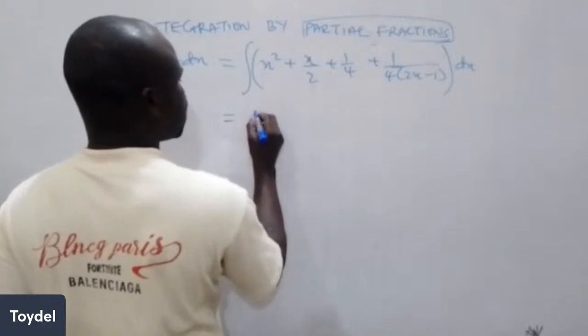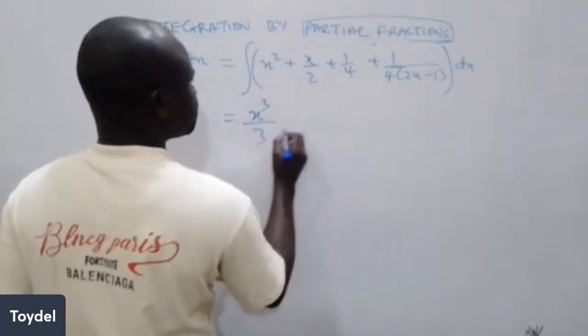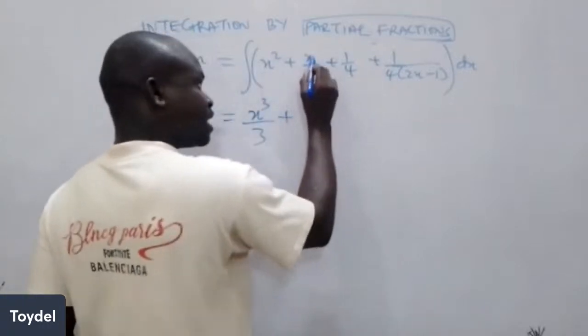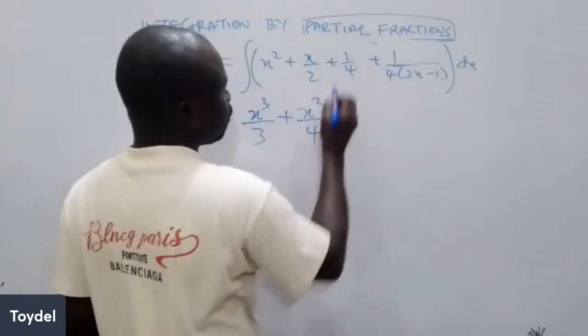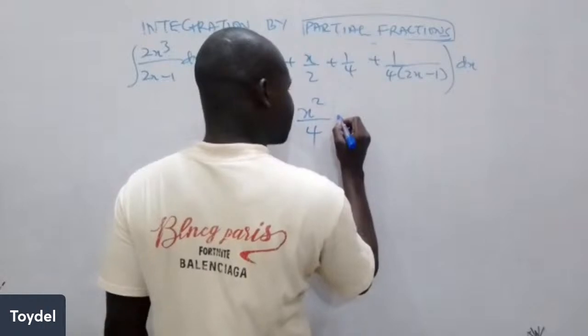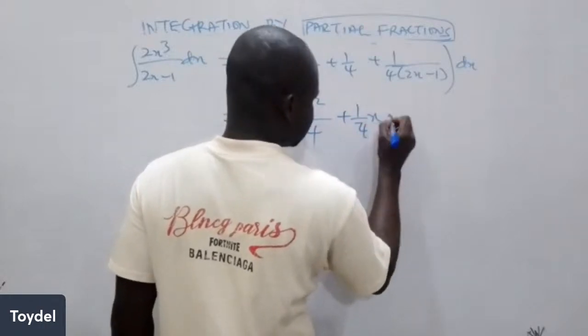If I integrate x squared, I'm going to have x cubed all over 3, plus, if I integrate x, that will be x squared all over 2, times 2, that's 4. If I integrate the constant, it will attract x. This will be 1 all over 4x.